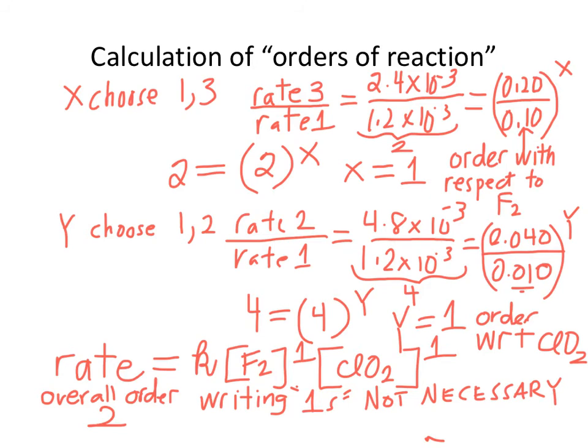Okay, so we're part of the way to writing the rate law, and we'll practice this first for a while. The rate law eventually will require us to solve for the value of K and then substitute everything back in.